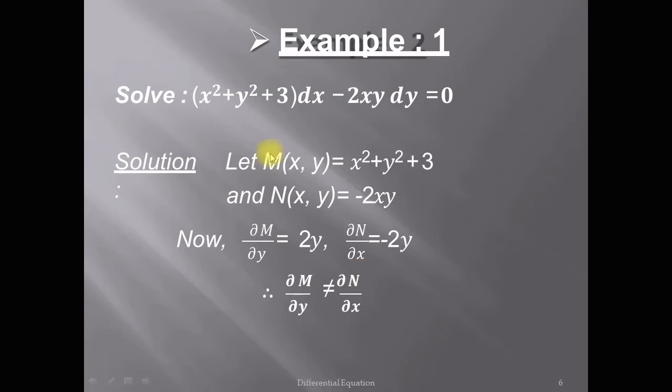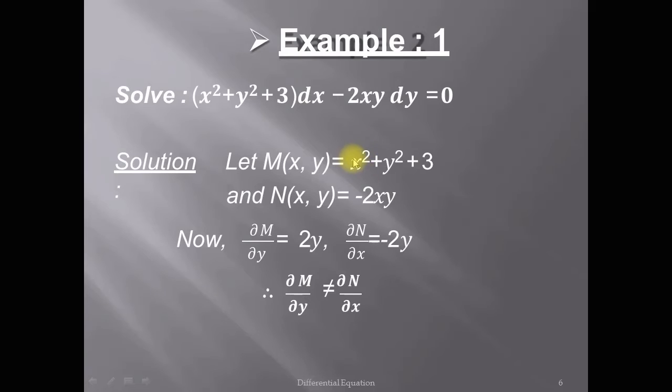Now for example, this is a differential equation. The coefficient of dx is denoted by M, and the coefficient of dy is denoted by N. So the M function is x squared plus y squared plus 3, and the N function is minus 2xy. First, find the partial derivative of M with respect to y.